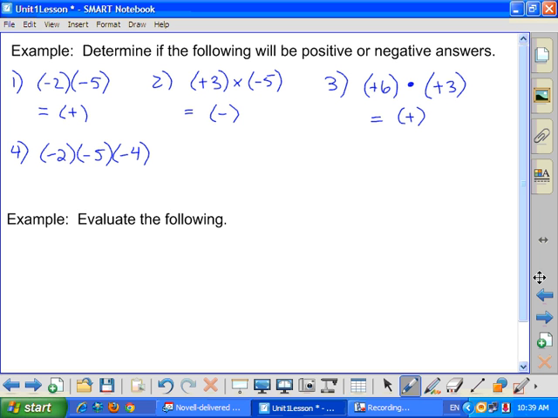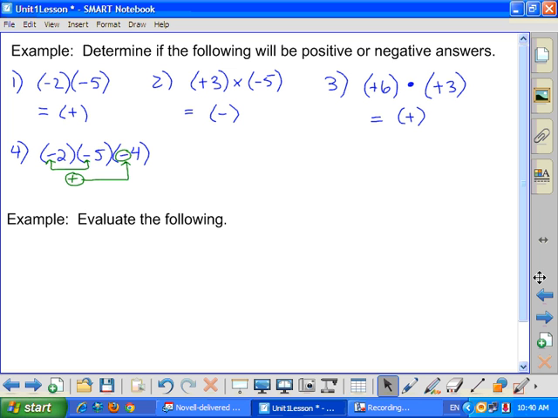So for example, you know that these two negatives, when we multiply -2 and -5 together, signs that are the same are going to result in a positive number. So -2 and -5 is going to result in a positive number. We still have to multiply this positive by a negative number. So here is the new sign that's multiplying the -4.